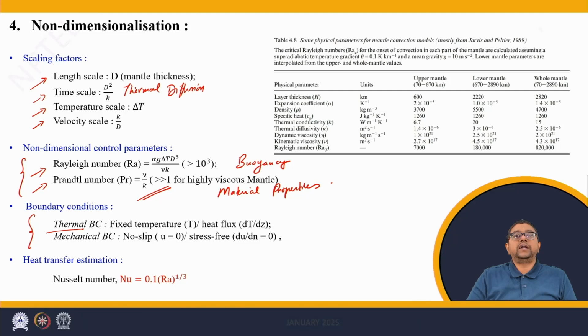The mechanical boundary condition is no-slip, where the velocity is set to 0 at the top and bottom boundaries of the mantle. Alternatively, we can have the stress-free mechanical boundary conditions, where the stress or the normal derivative of the velocity goes to 0 at the boundaries.